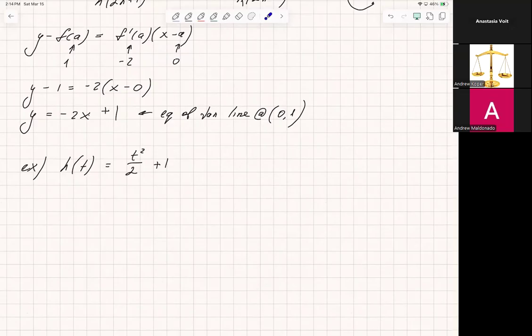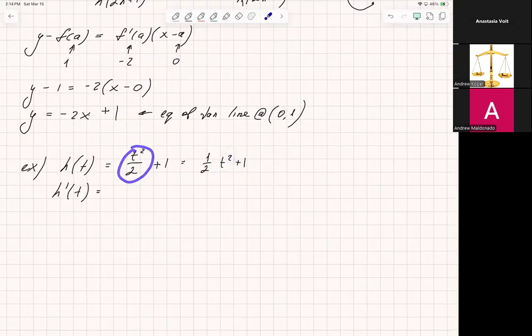So we have h of t, find h prime of t, right? So as you can see, we have here a fraction, but that's the same thing as saying 1 over 2 times t squared plus 1, right? So we can just use the power rule, right?